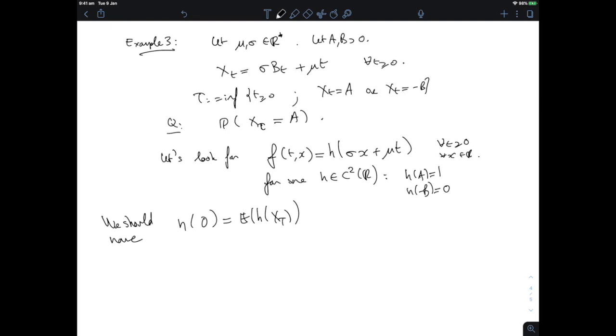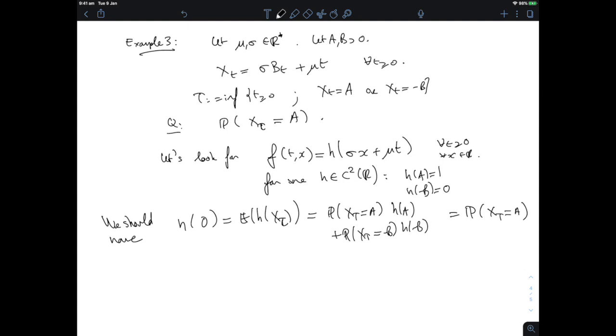You should be able to go to the stopping time, and then this would be the probability that X_tau is a times h of a plus the probability that X_tau is minus b times h of minus b. So by making the choice h of a equal 1 and h of minus b equal 0, I would get that this is exactly equal to the probability that X_tau is a.